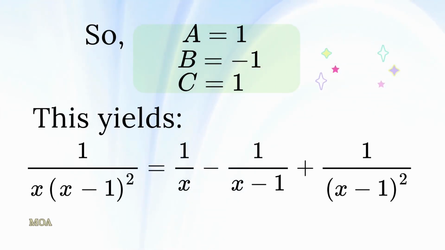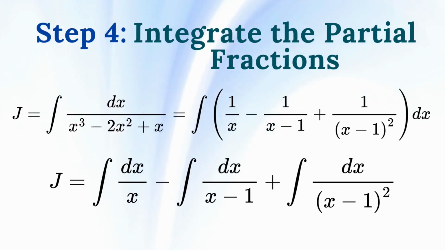This yields 1 over x times x minus 1 squared equals 1 over x minus 1 over x minus 1 plus 1 over x minus 1 squared. Now, to determine the integral J, let us integrate the partial fractions.